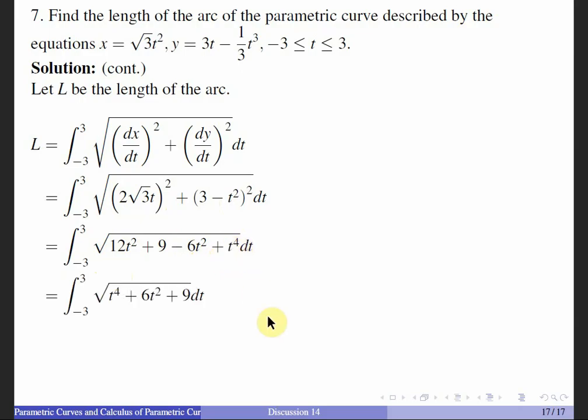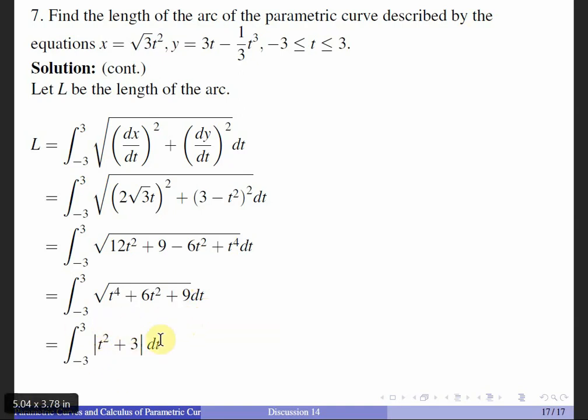And then let's simplify. So that's t to the fourth plus 6t squared plus 9. So you see this is a perfect square trinomial. So this is (t squared plus 3) squared. And then when you square root, you take the positive root. So let's first write it as absolute value, absolute value of t squared plus 3.